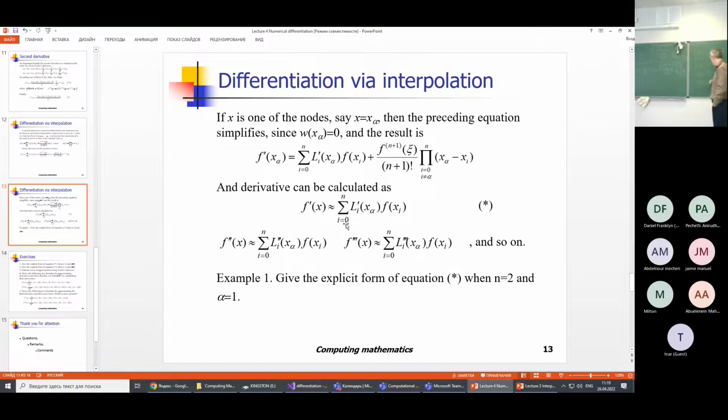How to find the derivative of the sum of two functions? It's the sum of the derivatives: g of x plus f of x. The derivative of the sum equals the sum of the derivatives.